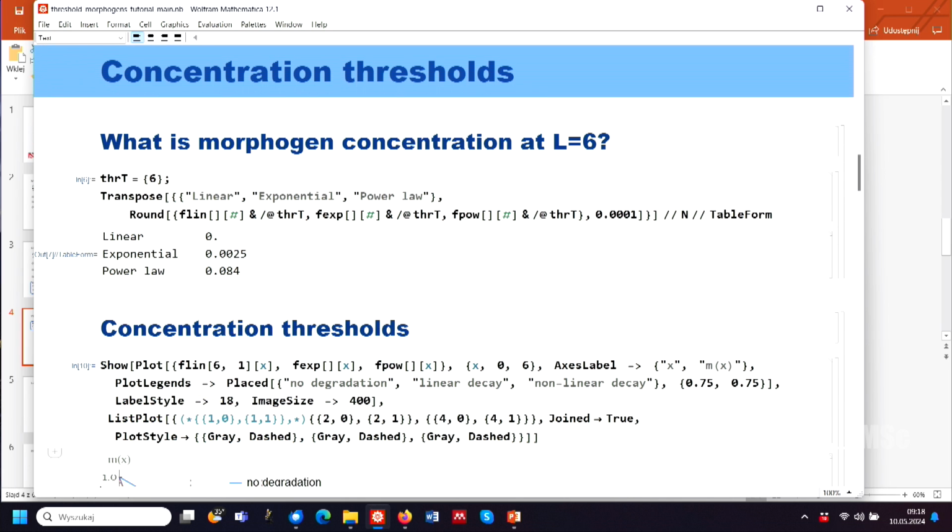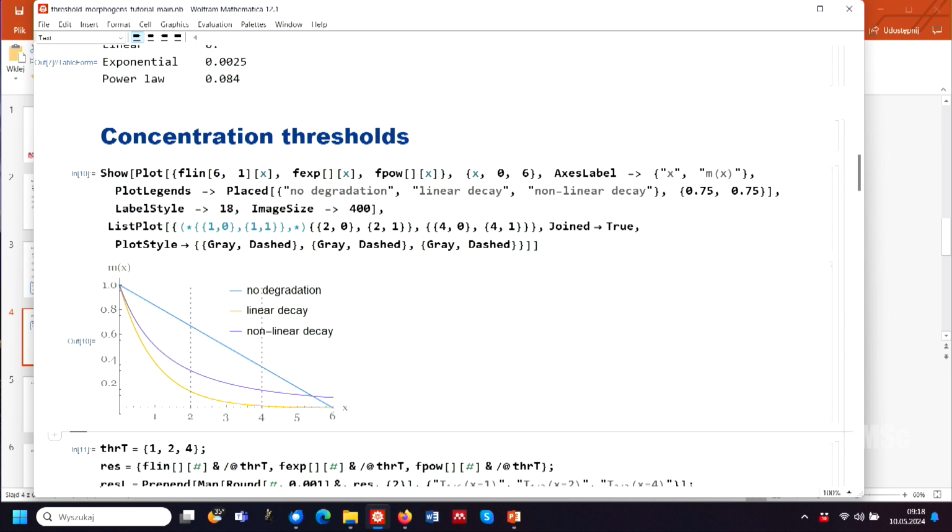But now getting back to the idea of the thresholds. We want to use this gradient to have 3 equal stripes. Let's say there is some generic regulator network interpreting the signals. In case of linear, the thresholds would be equally distributed here.